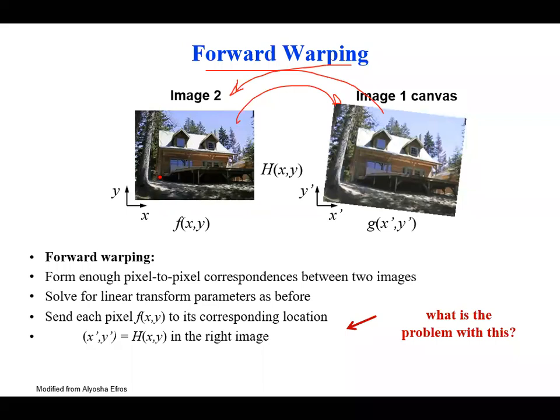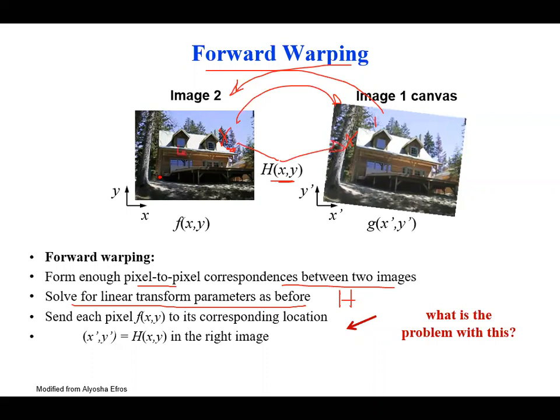So now I have, for instance, enough pixel to pixel correspondence between the two images. Solve for the linear transformation as before, and then get H. Then any transformation from this X, and this is X dash for instance, it is just X multiplied by H, it will give me X dash, correct?